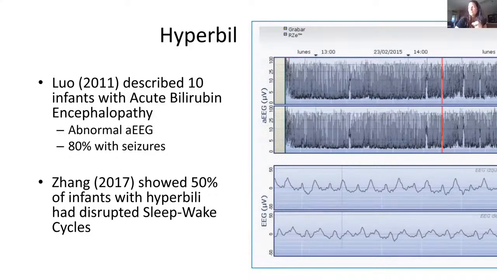Because if you think about those term hyperbilirubinemia babies who come in and have been at home maybe and then are readmitted, they really do have a difficult time sleeping, right? They're either irritable and cranky, or they're just so lethargic that they're just not able to eat. So it is interesting to note that aEEG picked up this kind of disruption in sleep-wake cycling, which I thought was interesting.